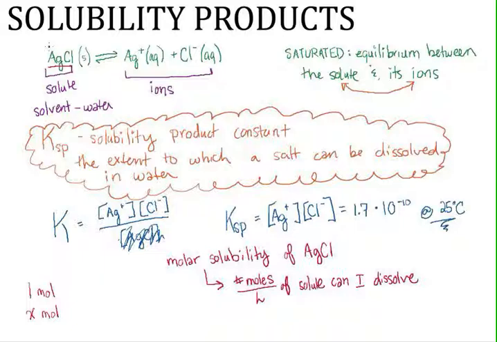Because remember, that doesn't necessarily have to be a mole. It could also be like 1 molecule that we're talking about. So over here, again, we have correspondingly 1 mole of silver cations dissolved in aqueous solution and 1 mole of chloride ions dissolved in aqueous solution, right?